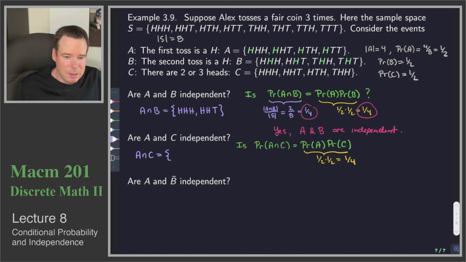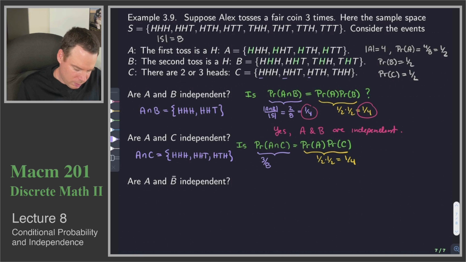A intersect C: those are all the things that are in C, but also in A. So I'm looking at C and saying, what are the ones that start with an H? Well, the first three do. So there's HHH, HHT, and HTH. And so there's three of them. So this is going to be 3 over 8.